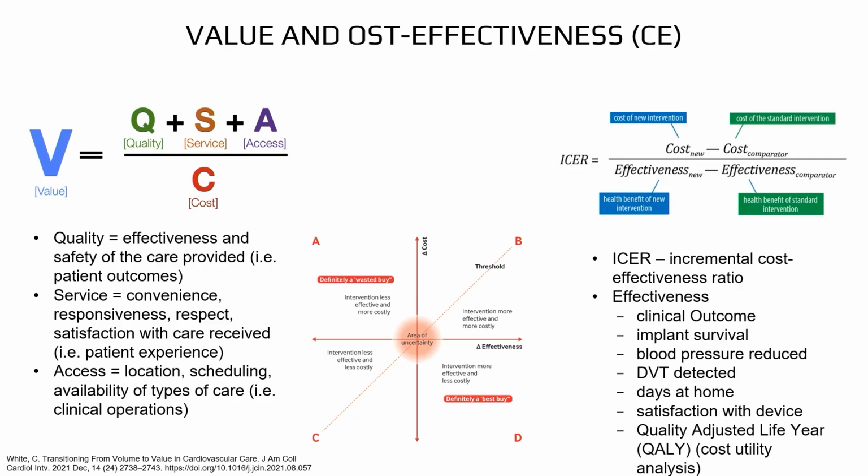So the most familiar is cost utility analysis, and we use QALYs to do that. But you could also do it based on other types of measures, such as implant survival or blood pressure reduced between two options, or days at home. One treatment offers you longer days at home. So there's many ways to look at the effectiveness piece.